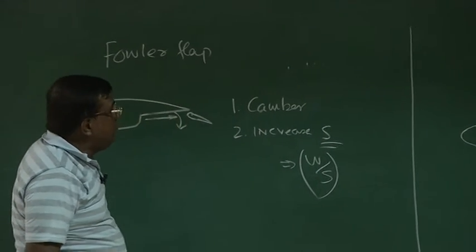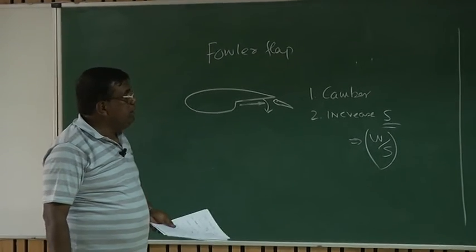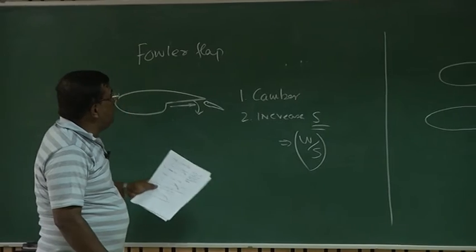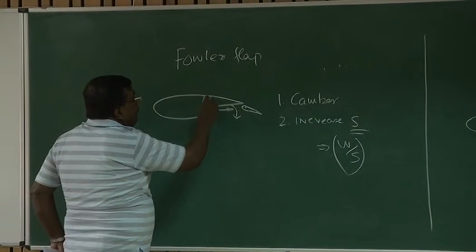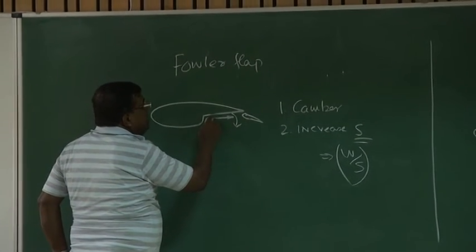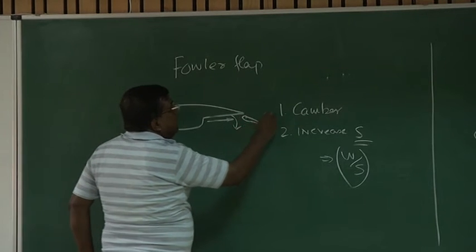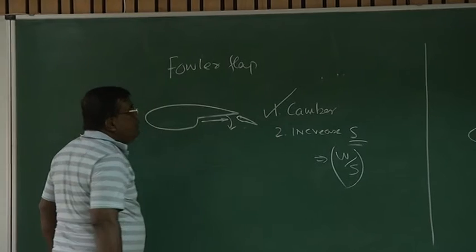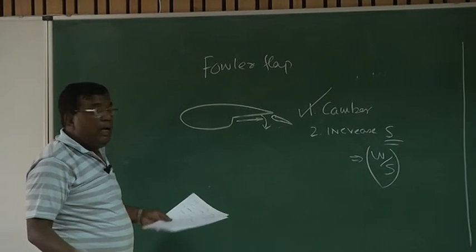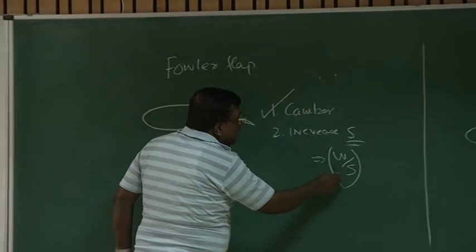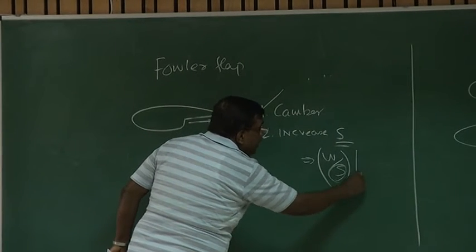And you know Vstall will decrease if I decrease wing loading. Please understand, with this Fowler flap, there are two motions. One is going like this and then rotation. By rotation, it has increased the camber, so it has helped CLmax. By going backward, it has increased the area, so wing loading has gone down.